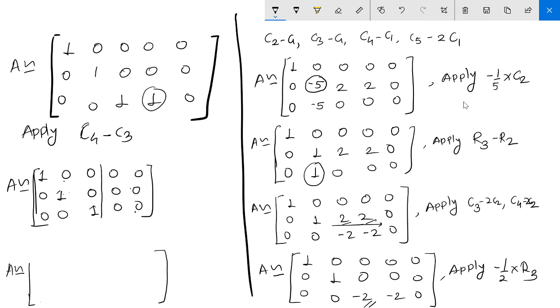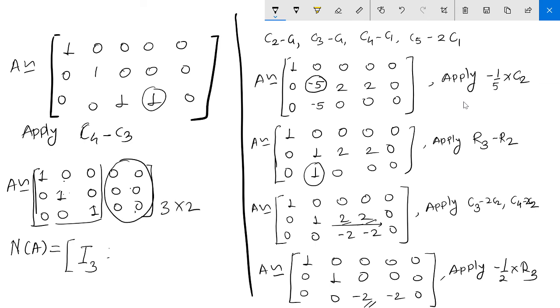If you look at this carefully, this part of our matrix is the identity matrix, and its size is 3. So I can write the normal form of A is equivalent to the identity of size 3, and then this 3 by 2 zero matrix, represented by a single 0.